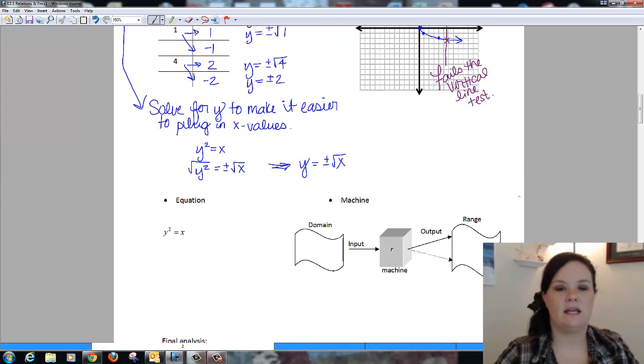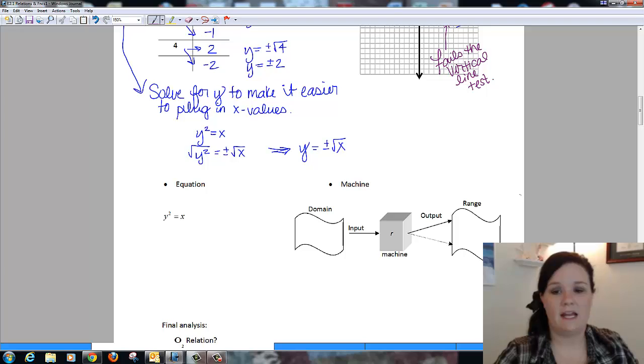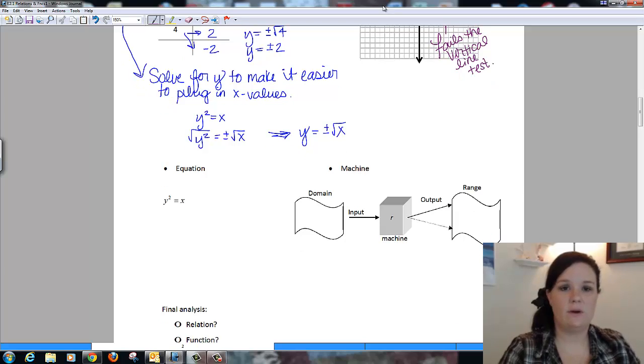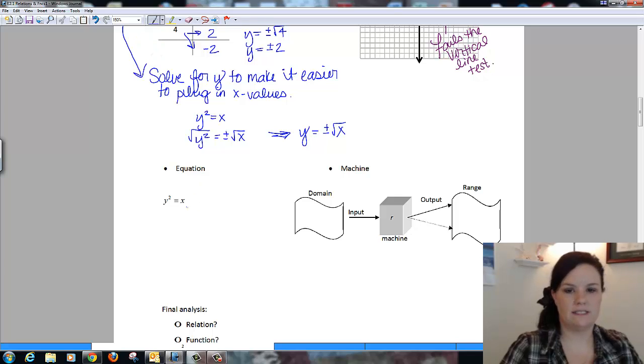Let's go ahead and look at it as an equation and as a machine. As an equation, again, when we solve it, I'm not going to resolve it because I did it above. What I end up with is y is equal to plus or minus the square root of x, which means that y is equal to the square root of x, and it also means that y is equal to negative square root of x.